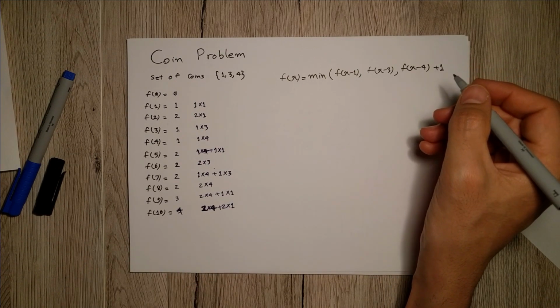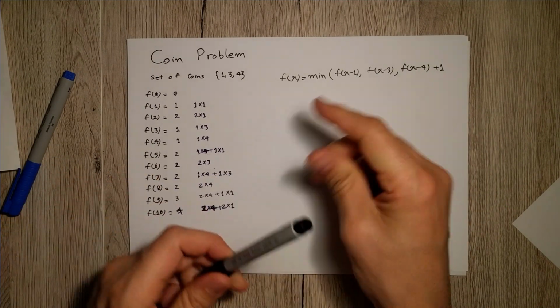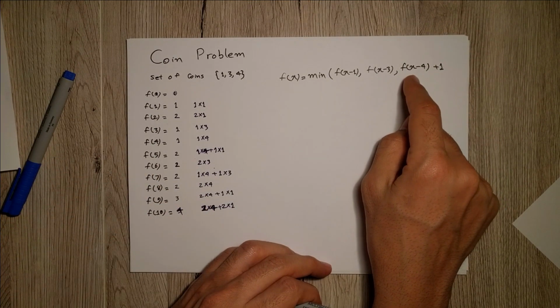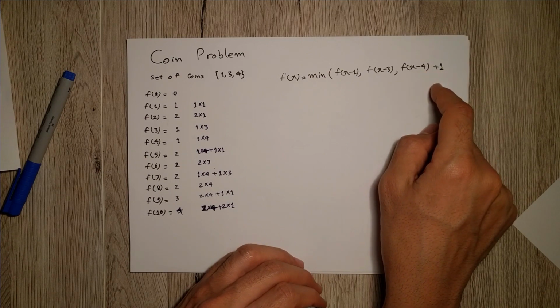So I have to compute the minimum of one of these, and then at most I need to add 1 coin to that.